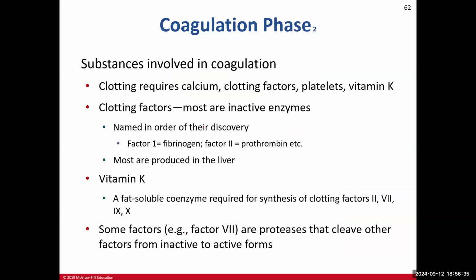What I am expecting you to know is this part. Stuff that we need for the clotting cascade. All right, so calcium, clotting factors made by the liver, obviously platelets, but this is the one that I like to draw attention to. Vitamin K, one of our fat-soluble vitamins. This is the one that they tell folks to be careful with regarding certain types of food consumption.